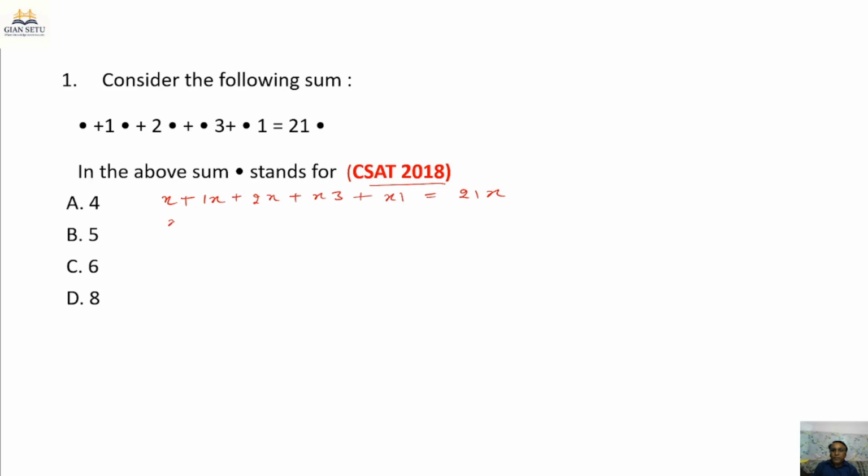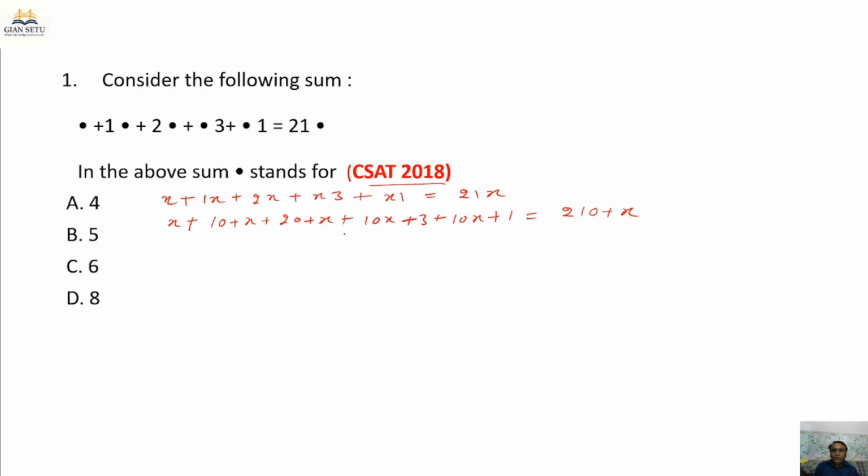It will be x plus 10 plus x plus 20 plus x plus 10x plus 3 plus 10x plus 1 is equal to 210 plus x.